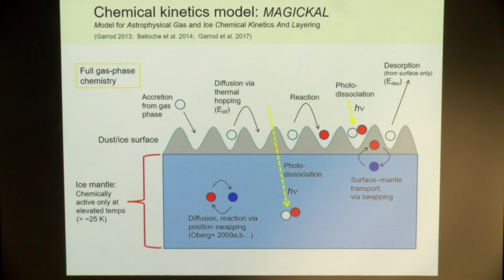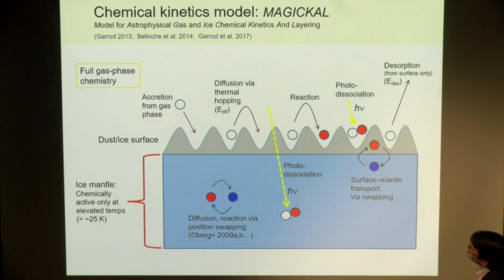Okay, so this is the model I use. It does certainly look less sophisticated than those videos. It is unfortunately not possible at present to do that kind of modeling for chemical networks that are this complicated, but also for objects that have such complicated physical structures. We have to go back to a somewhat simpler method of modeling. So we model just the populations of each chemical species, not the actual microscopic physical positions on the grains and so on.